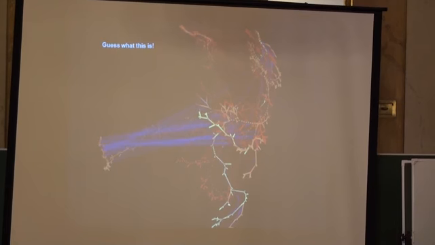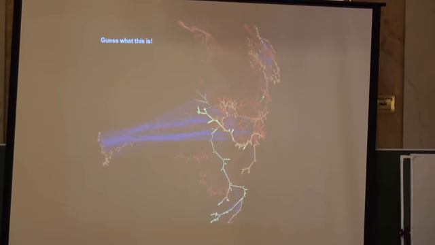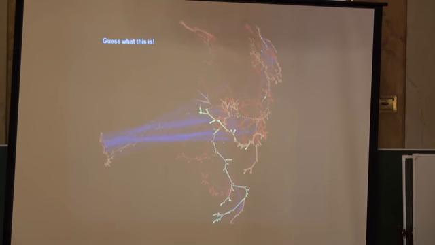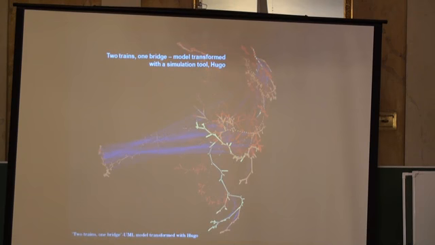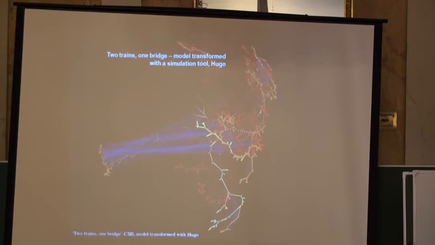Execution path. So that's exactly the case. This is a model, right, which represents the functionality of some program. In fact, it's not a random tree. This has been generated by a simulation tool called Hugo, and it models 2 trains in 1 bridge.